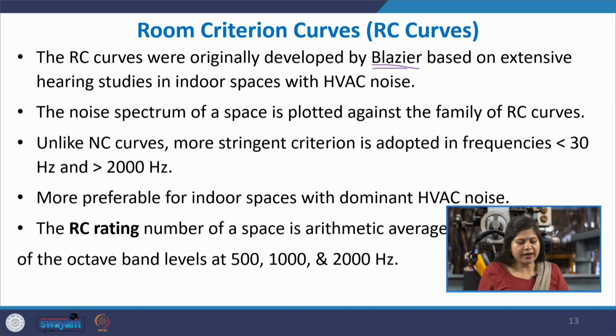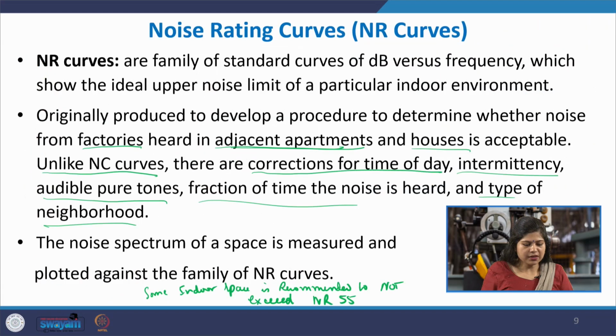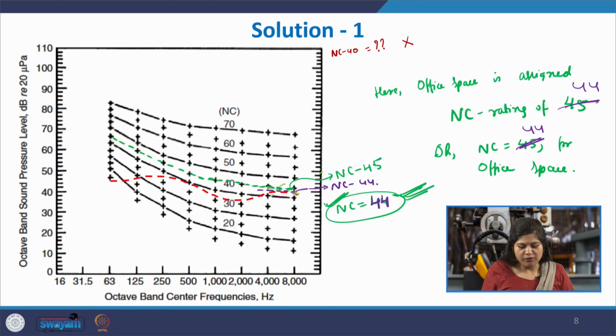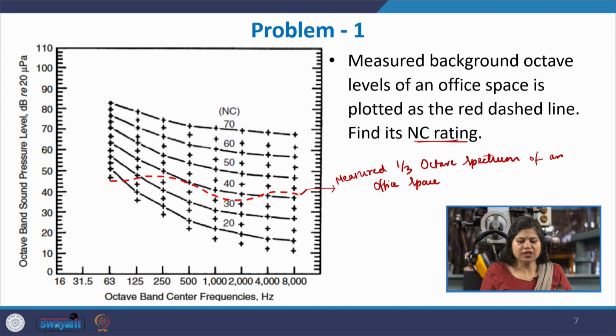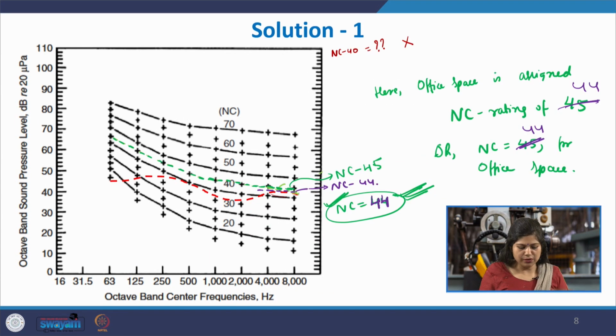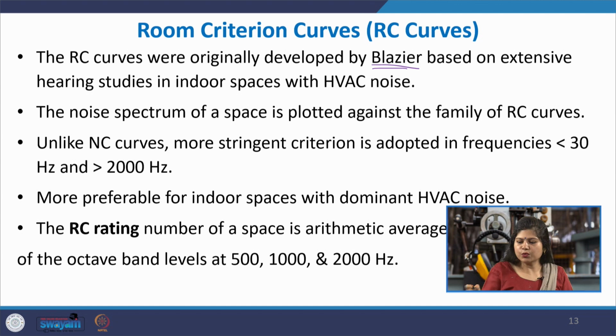In the NC curves, what we saw was that it is one of the earliest of the indoor criterion curves, and there was nothing beyond 63 hertz and nothing beyond 8000 hertz. So in very low and high frequency ranges this curve was not defined. In the RC curves they handle this situation, and also define it for values smaller than 30 hertz, adopting a more stringent criterion.